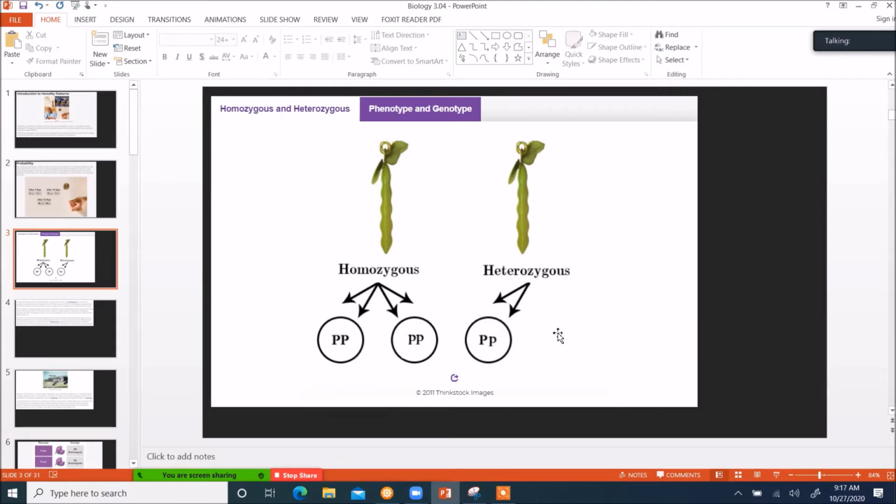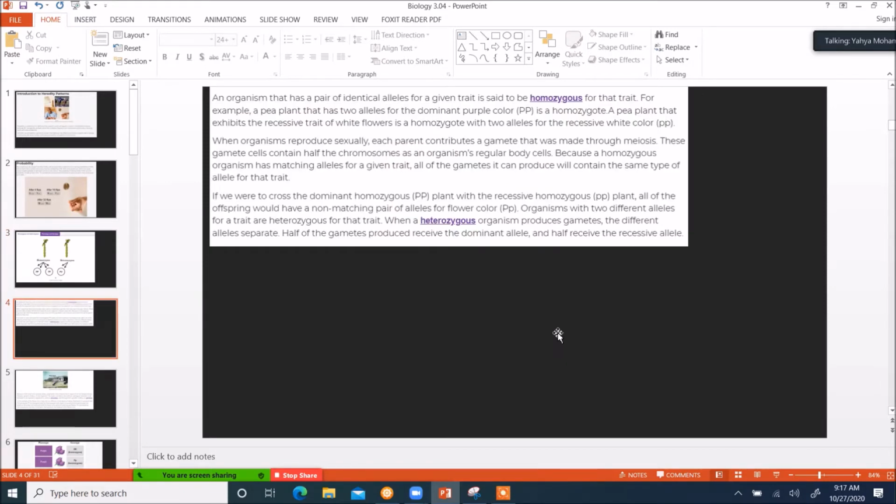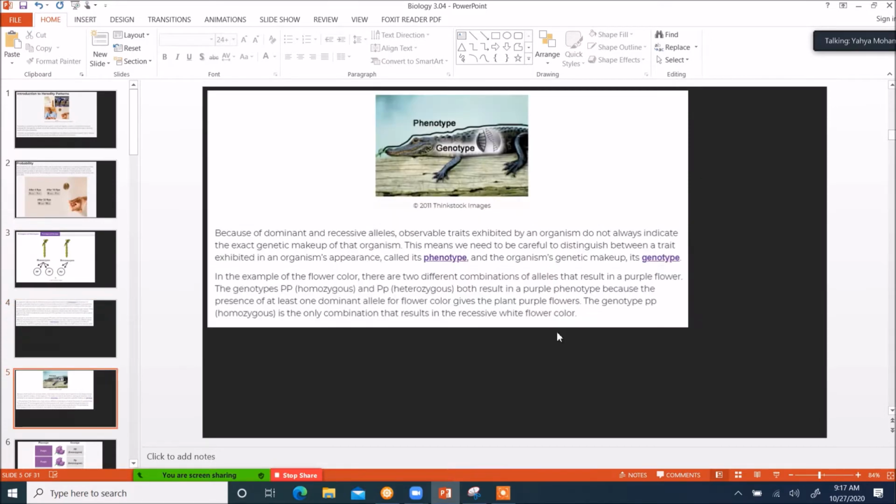These are just the names that you have to know. Now, there's two other terms also. One is called phenotype, and one is called genotype. Genotype is what is in the DNA, basically what varieties of alleles are inside your DNA.